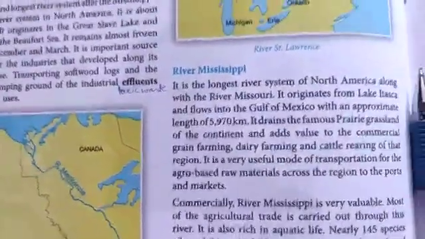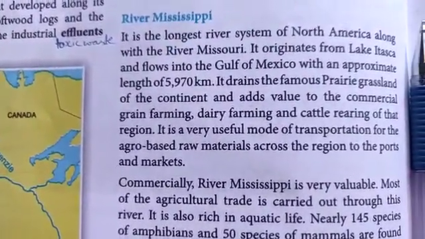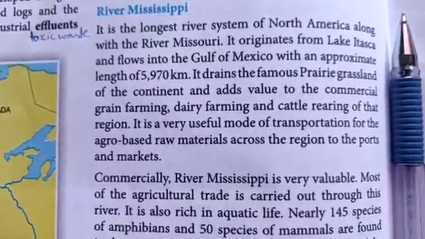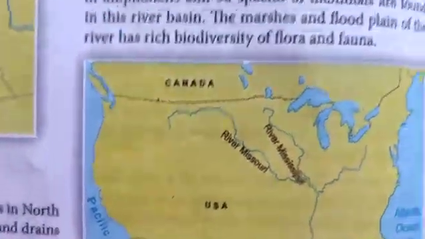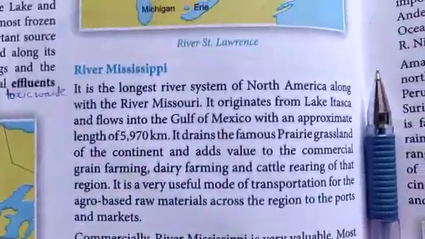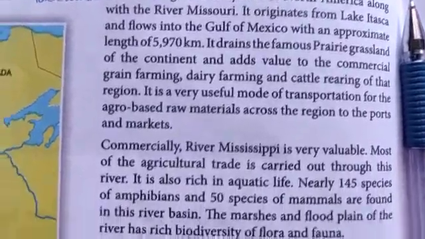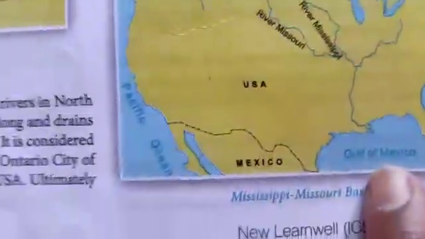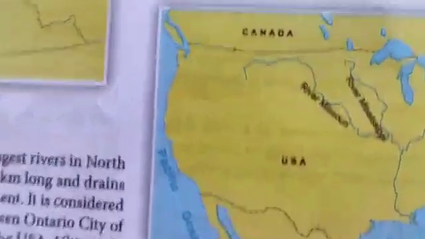Now let us see the river Mississippi. It is the longest river system of North America along with the river Missouri. See, Missouri is here, Mississippi is here. It originates from Lake Itasca and flows into the Gulf of Mexico. See, Gulf of Mexico is here and it is originating somewhere here.